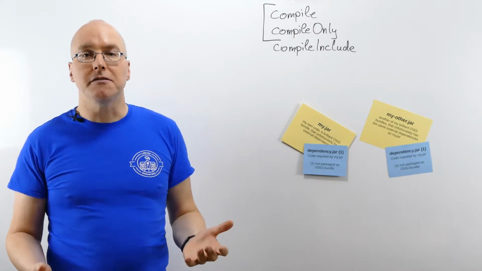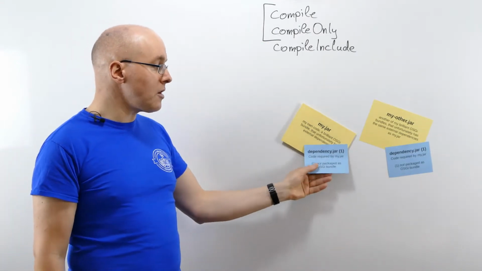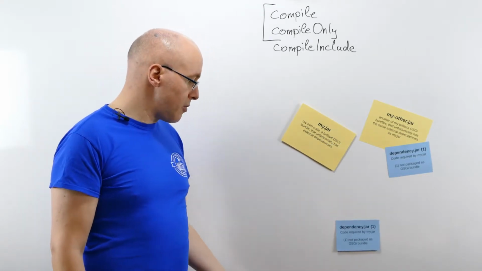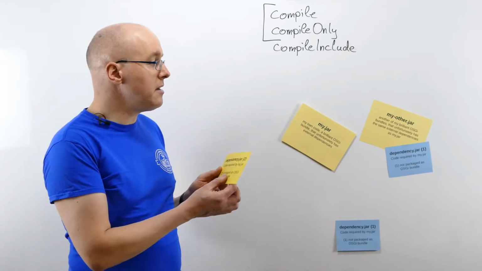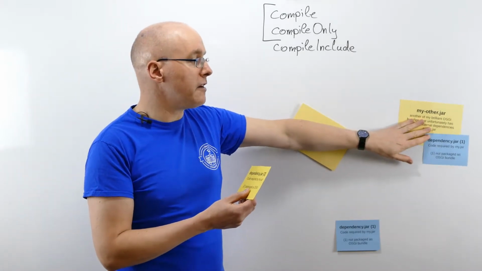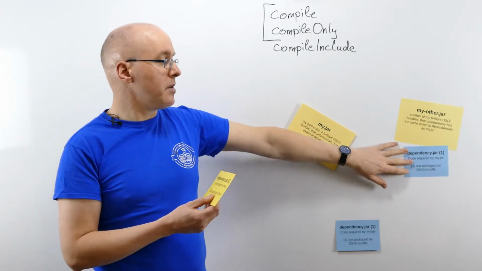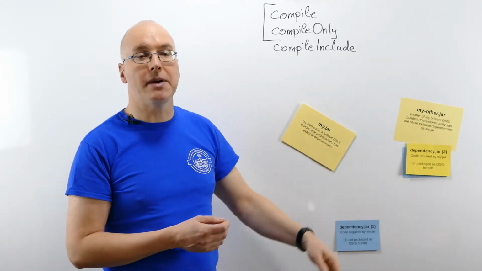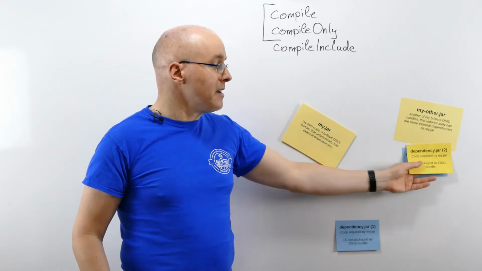What's your alternative? Let's go with compile and compile only. Compile and compile only assume that you are deploying your code as an OSGi bundle. What does that mean? Well, you'll either have to convert your former blue dependency jar into a yellow dependency jar, because now it's packaged as an OSGi bundle. See the color coding I'm using here?